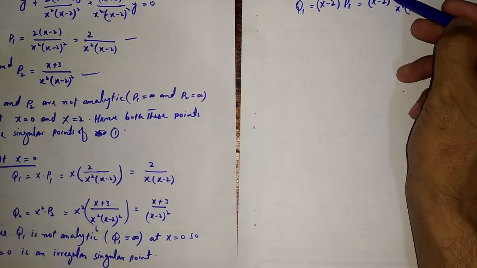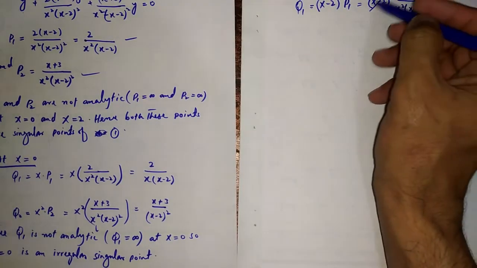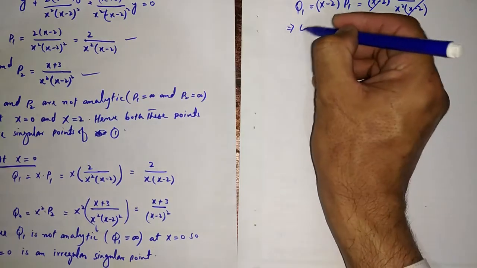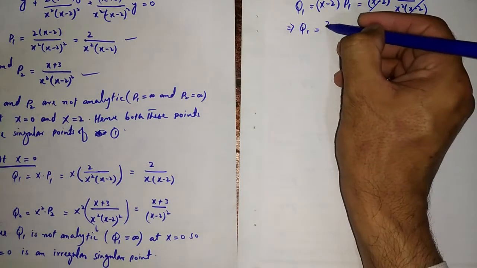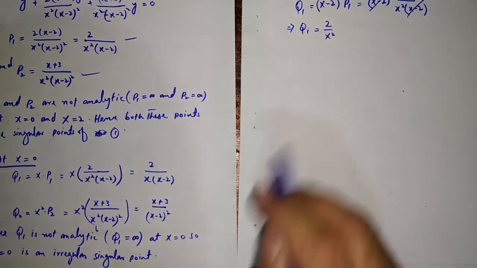So this x minus 2 is cancelled with this x minus 2, and Q1 is equal to 2 divided by x square.